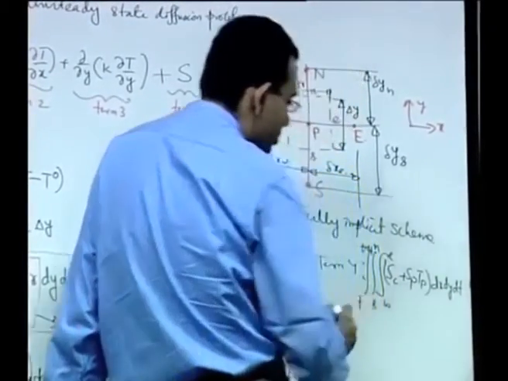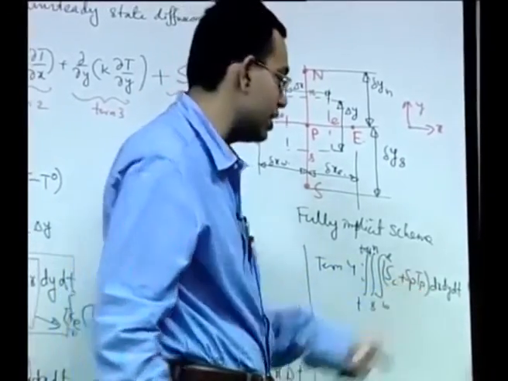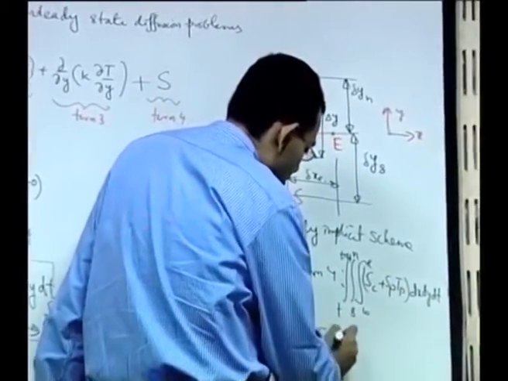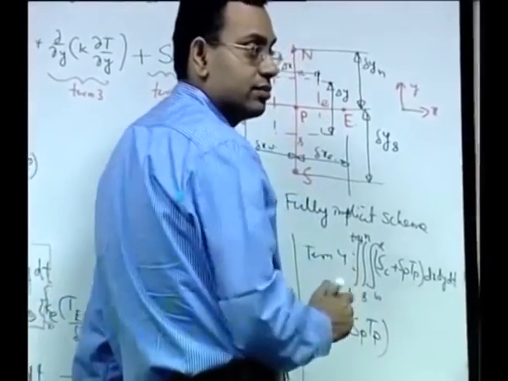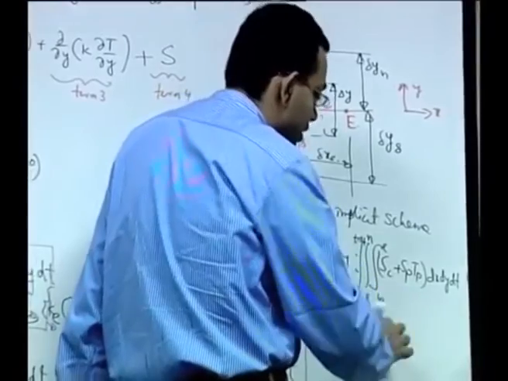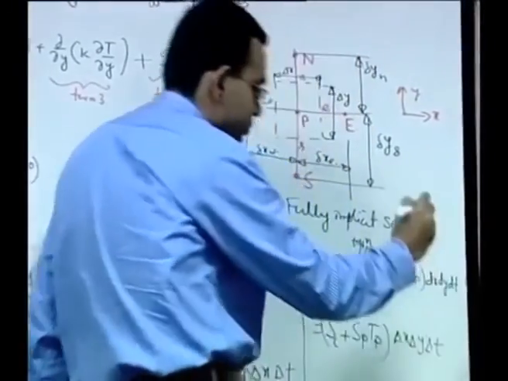So what will it become? Sc plus Sp Tp will be a constant with respect to all those integrals. So remember, we are considering a linearized source term, so that we are able to write it in this form, this into delta x, delta y, delta t.